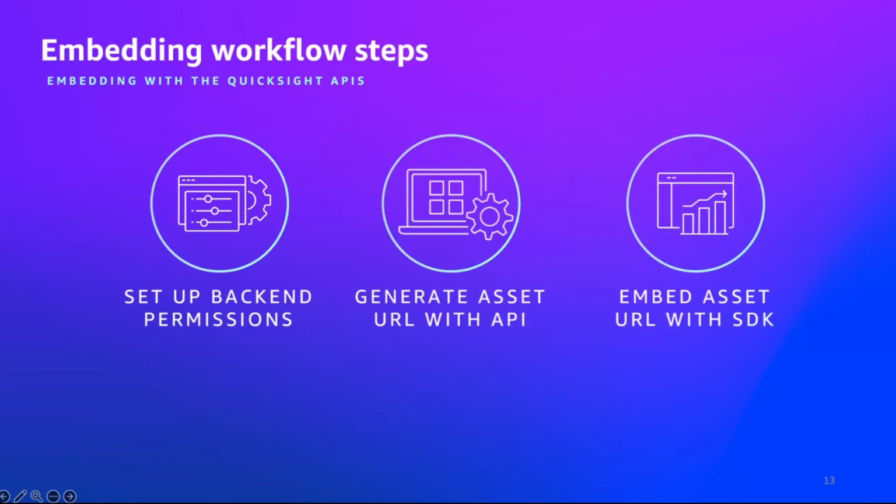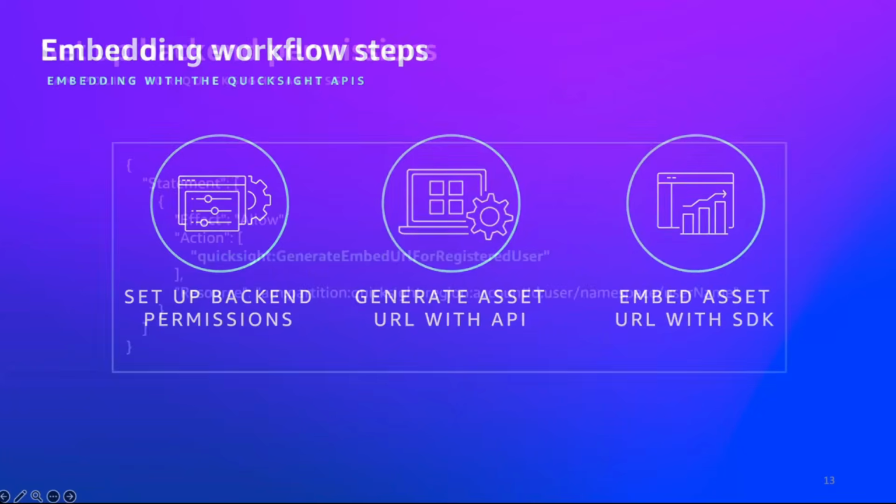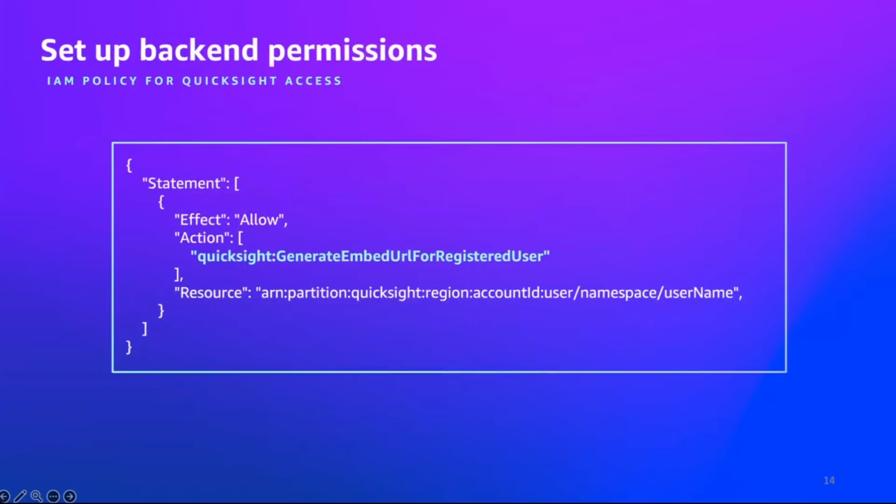Now, looking closer at each one, starting with the backend permissions, here on screen, we have an example IAM policy that includes the permissions necessary for your application. So at minimum, it must have the permission to call the generate embed URL API on behalf of your application users.